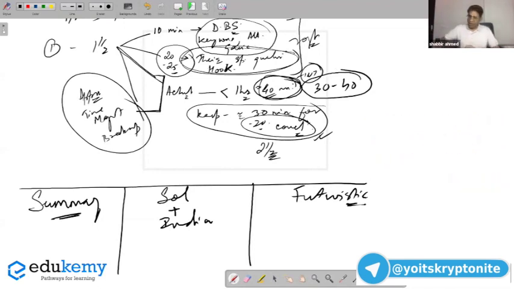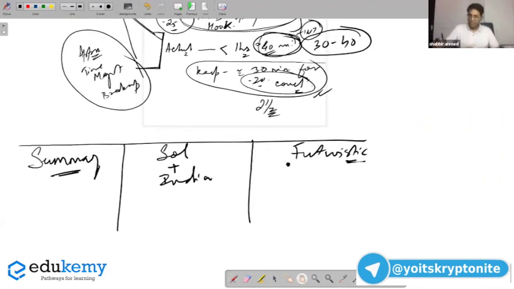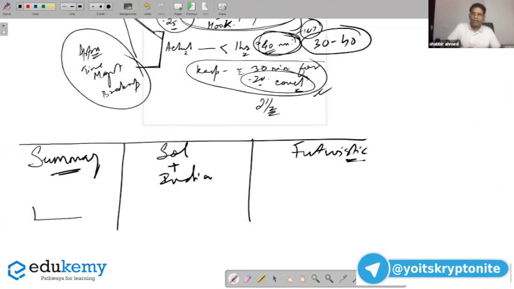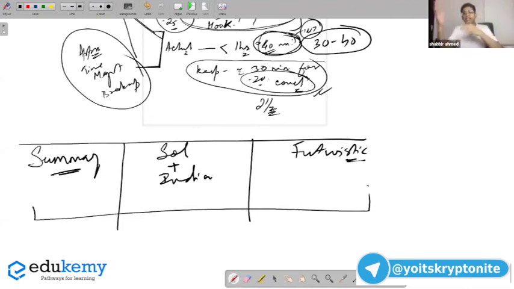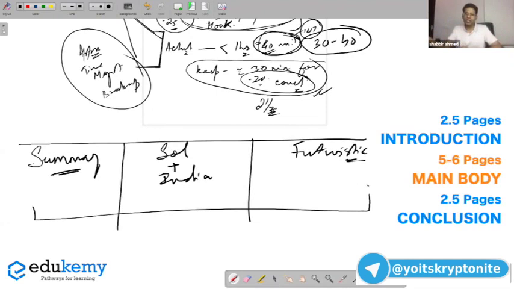And while doing this, 8 pages is difficult, but 6 pages in 40 minutes is possible. 8 pages as in the higher side. 2.5 page introduction, 2.5 page conclusion.